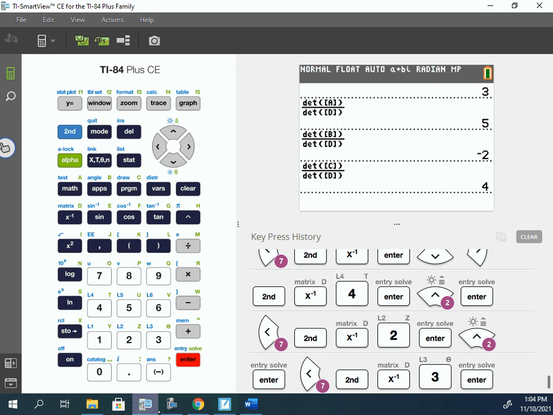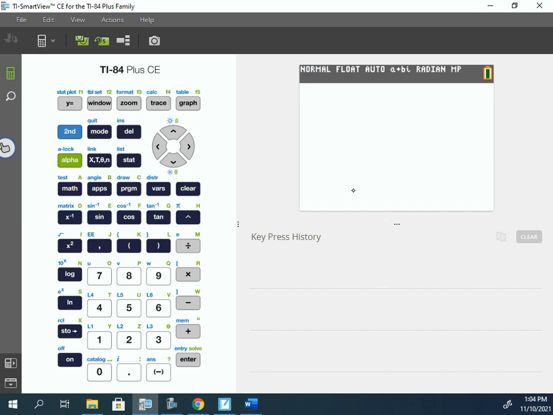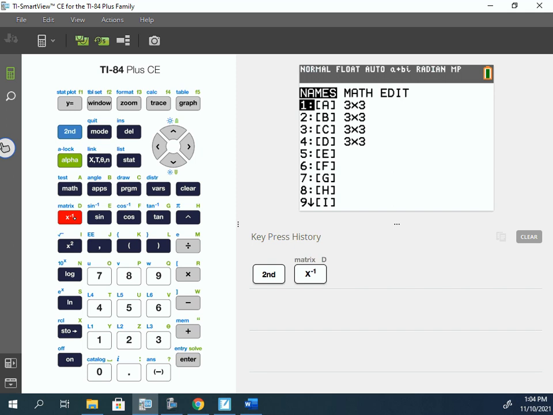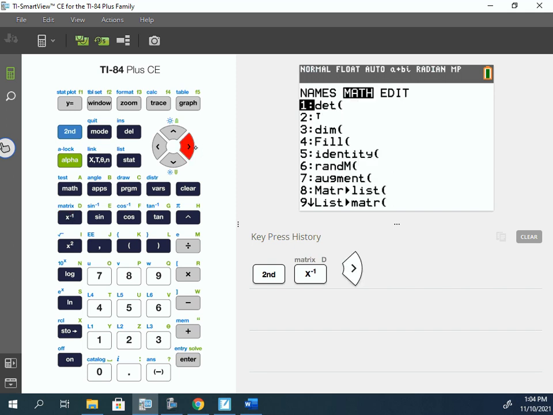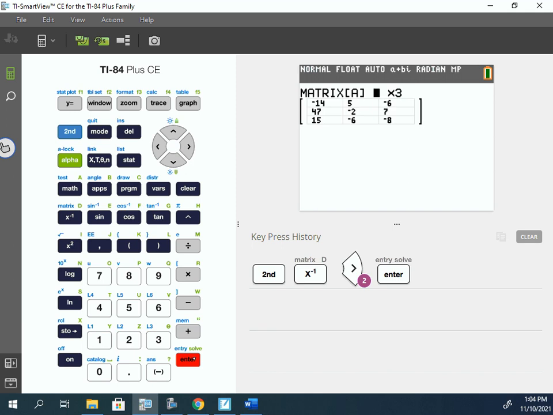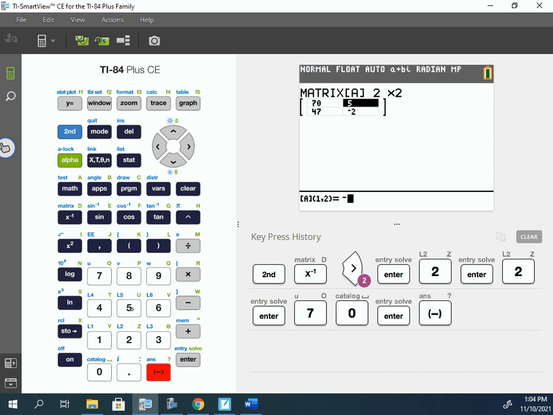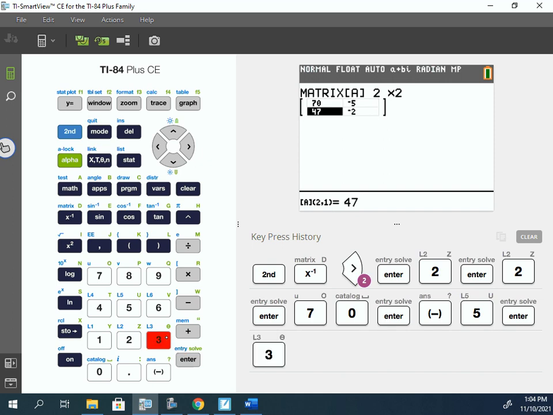So we can pull up the graphing calculator, figure that out. But we just need to input the matrices first. So we can go second matrix, and we can go over to edit and hit enter. Well, matrix A is a 2 by 2. So it's 70, -5, 3, and 7.